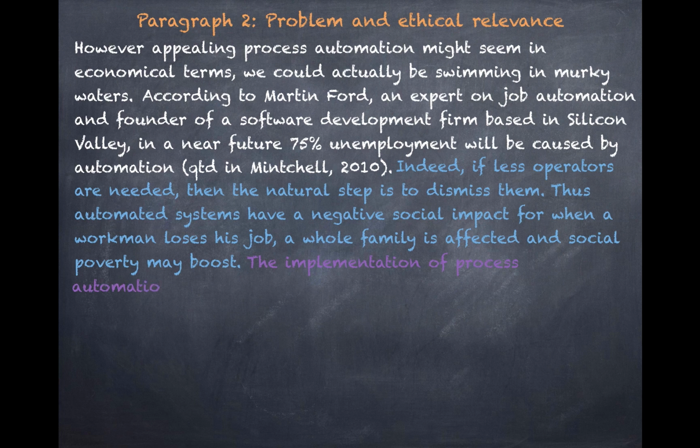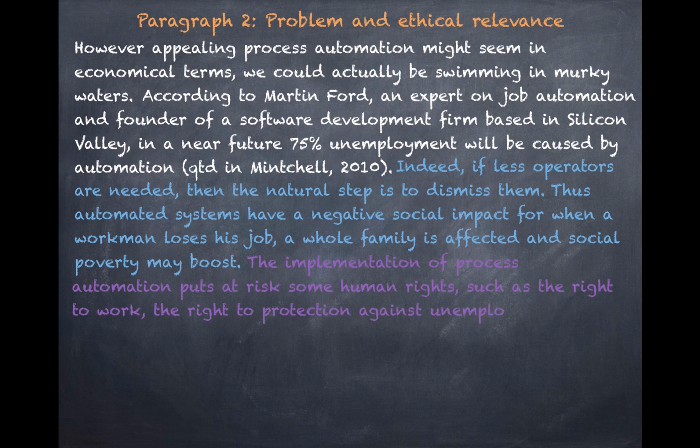The implementation of process automation puts at risk some human rights, such as the right to work, the right to protection against unemployment, and the right to a standard of living. Notice that in the last sentence of our paragraph we referred additional information.